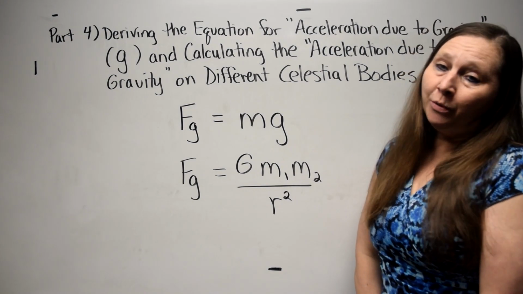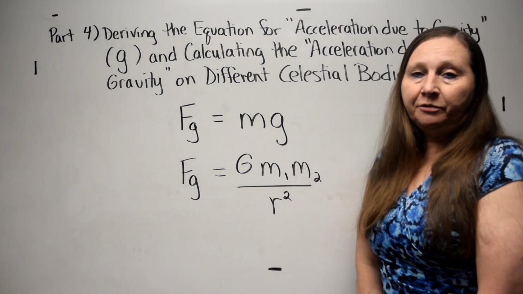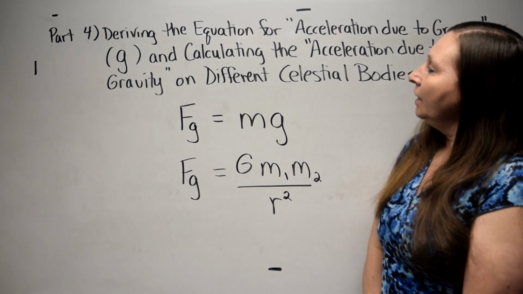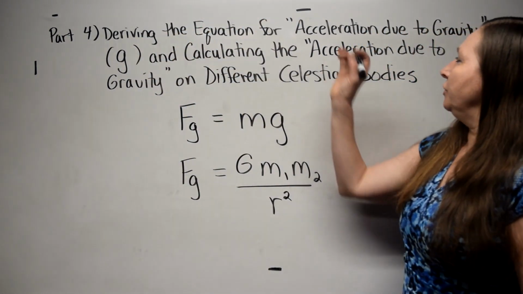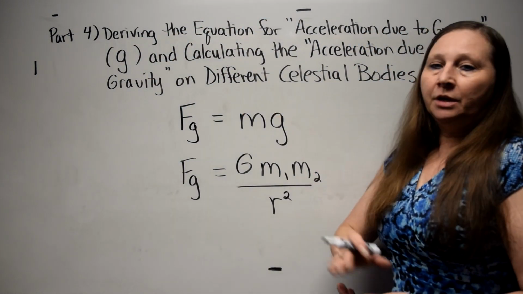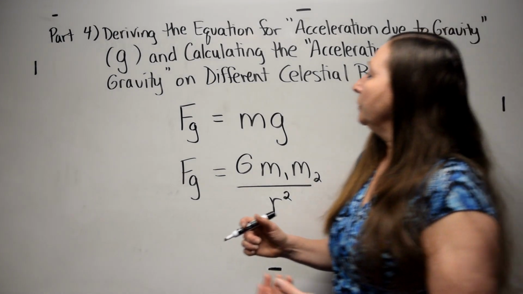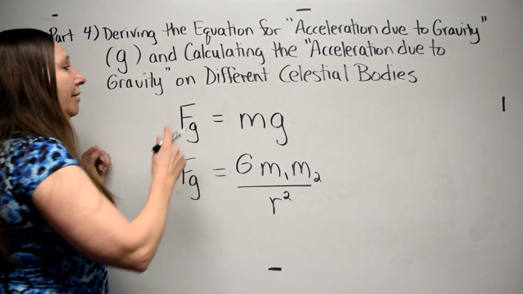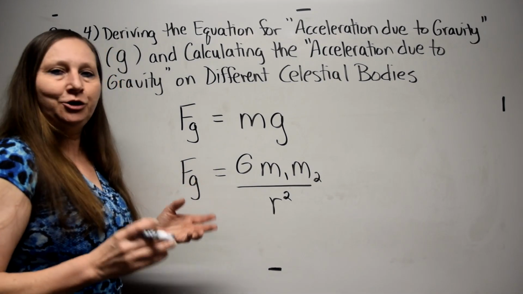So now, continuing from the previous video, 4.5a, we're going to be deriving the equation for acceleration due to gravity, g, so we can calculate the acceleration due to gravity for any celestial body.